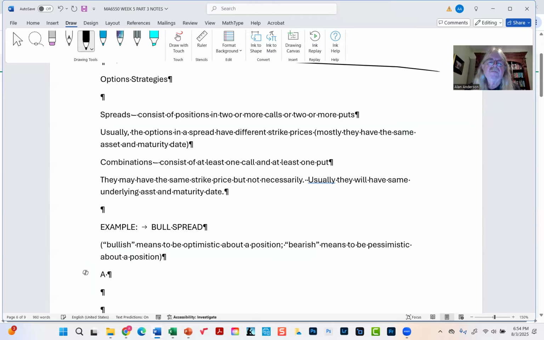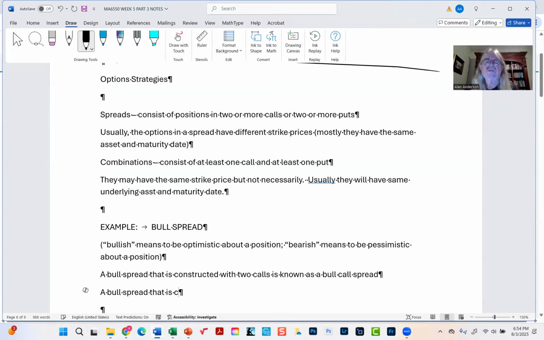A bull spread that is constructed with two calls is known, as you can probably imagine, as a bull call spread. Obviously, a bull spread that is constructed with two puts must be known as a bull put spread.